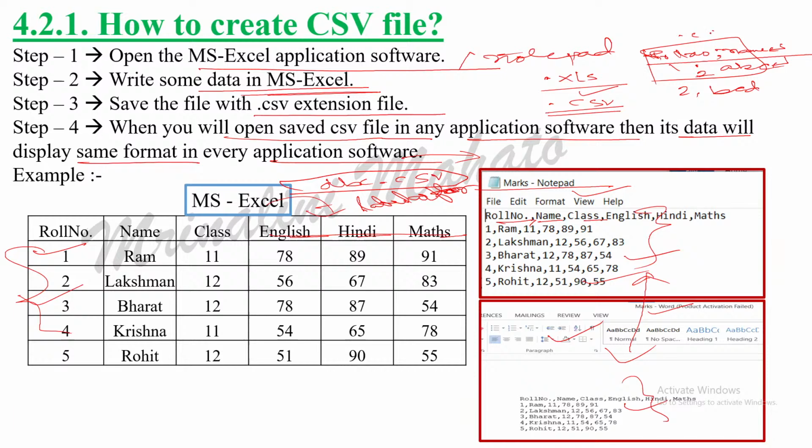So .csv you have to save this file. Then if you open it in the Excel sheet, it will open like this. And if you open WordPad or Word, it will open the same as it is like this. Clear, children?